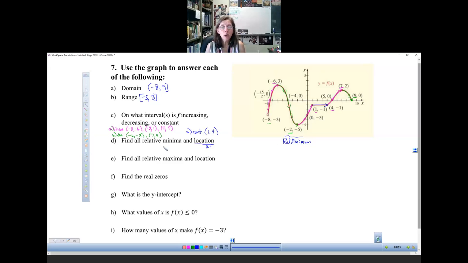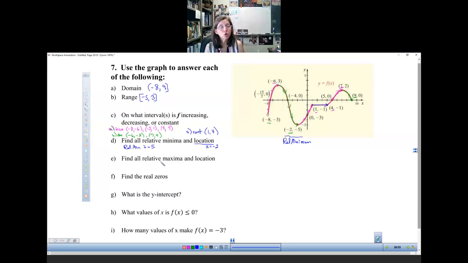And so the relative minimum value is -5, and the location is at x is equal to -2, okay? So we say the value is -5, and it occurs at x is equal to -2. So the location is the x value, right?